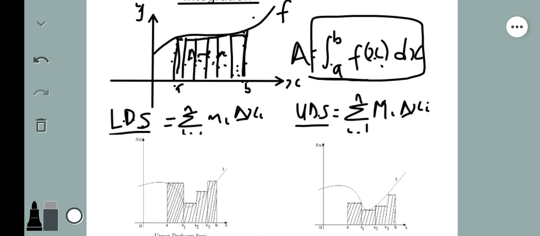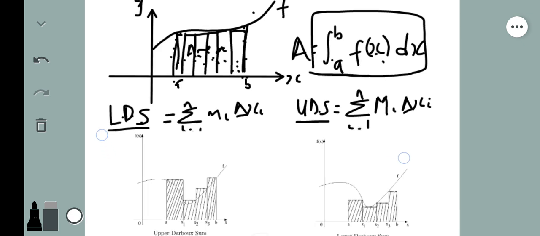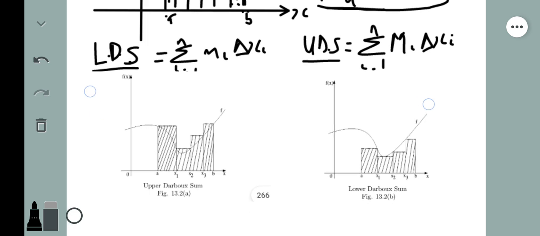So I now say that the lower sum is the summation of the rectangles beneath the curve, and the upper sum is the summation of the rectangles that cover the whole area, which is what I want to illustrate better in this diagram I have here.